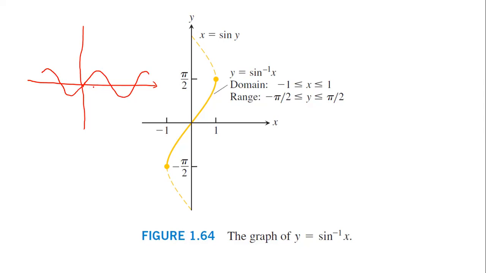Now, if this is 0, what do you think this one is? If this is 0, this is pi over 2, right? Because sine pi over 2 is 1, right? So if this is pi over 2, what do you think this is? Pi. Very good. And if this is pi, this must be minus pi over 2.